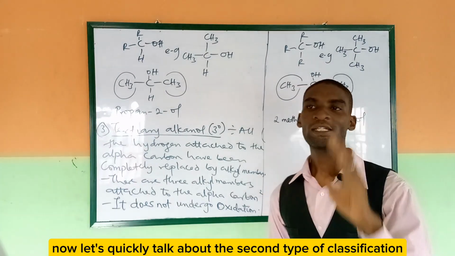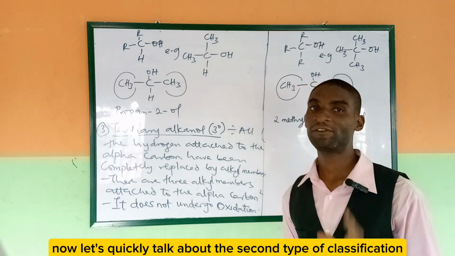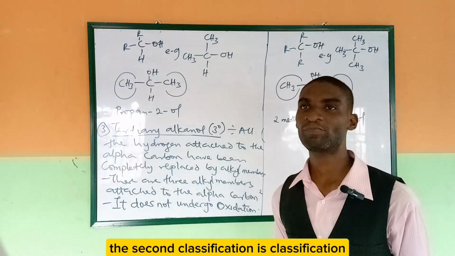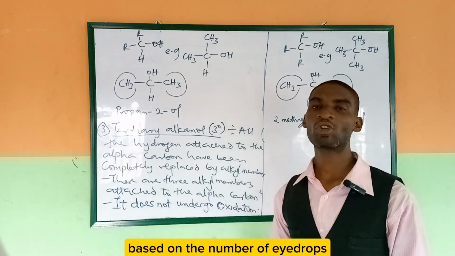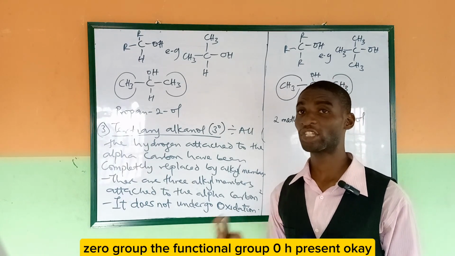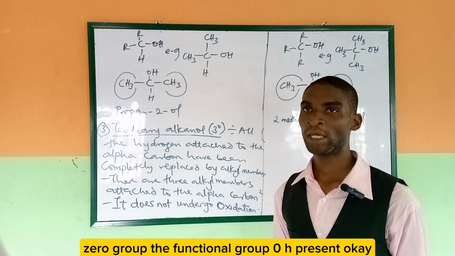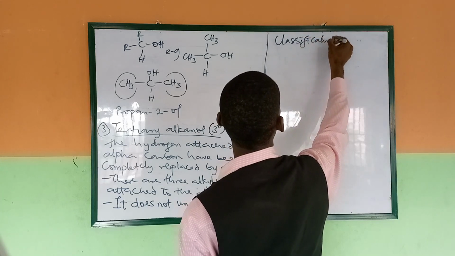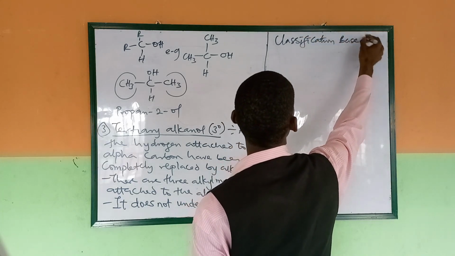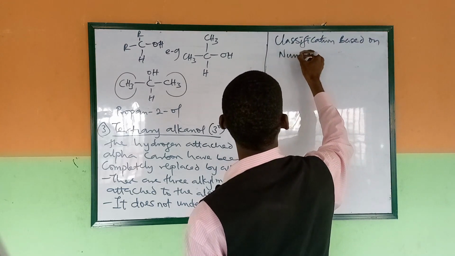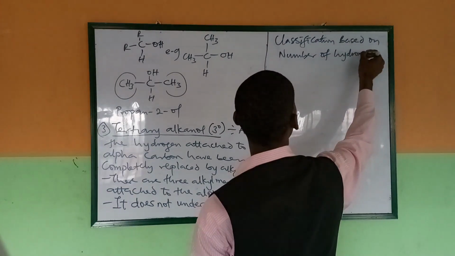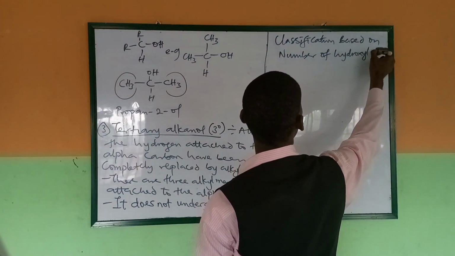So that is that, about the first classification criteria. The second classification is classification based on the number of hydroxyl groups, the functional group OH, present.